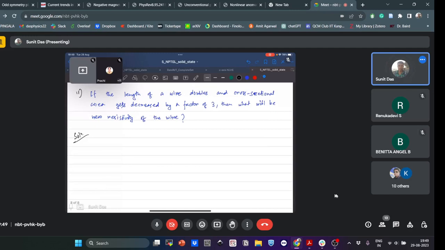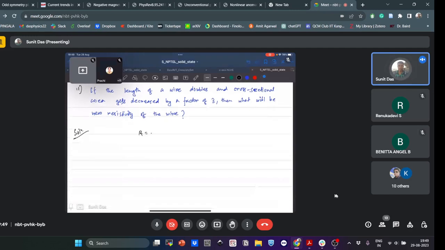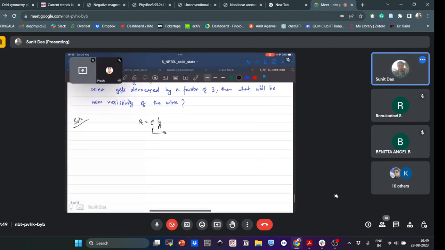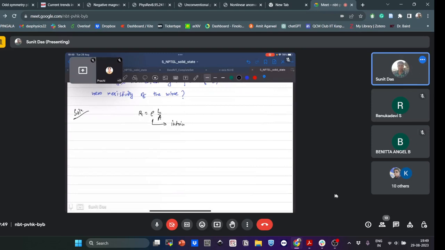So R is rho L by A, and rho is an intrinsic property of the material. So it will have a different value for, let's say, silver, copper, and so on.